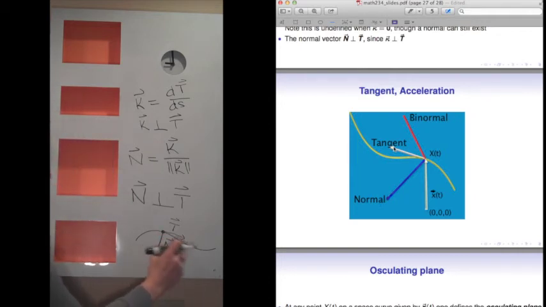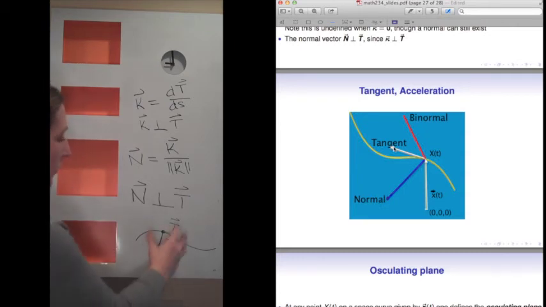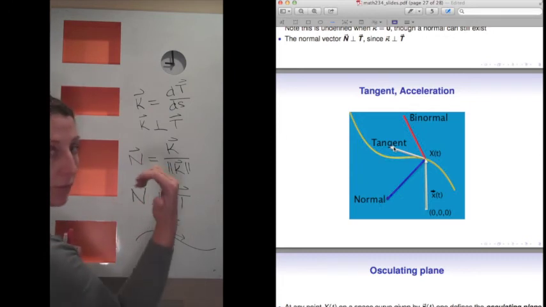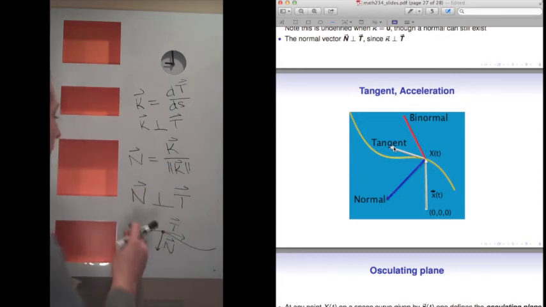So these are two vectors with unit length that are perpendicular. And now I would like to define a vector that is perpendicular to both in 3D space. And because of the way I've drawn everything, that's going to go in or out of the board. So something that's going to be perpendicular to both the normal and the tangent.